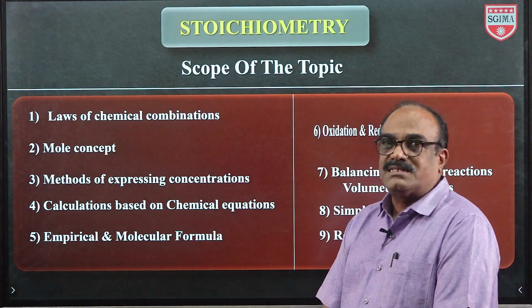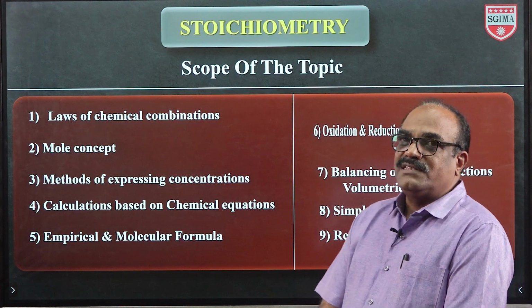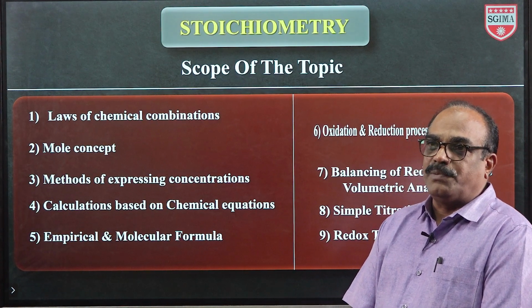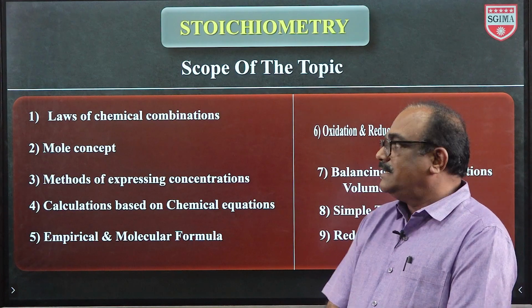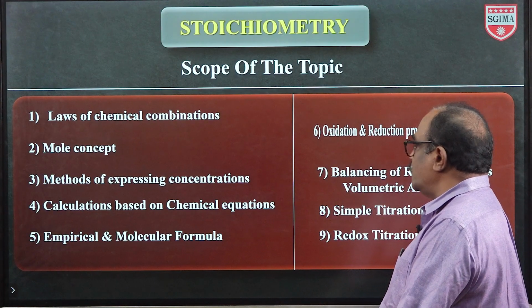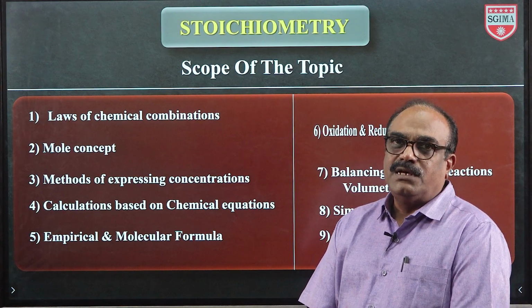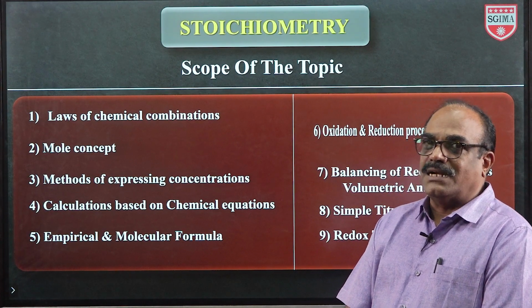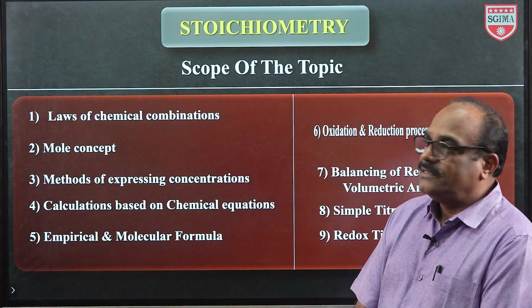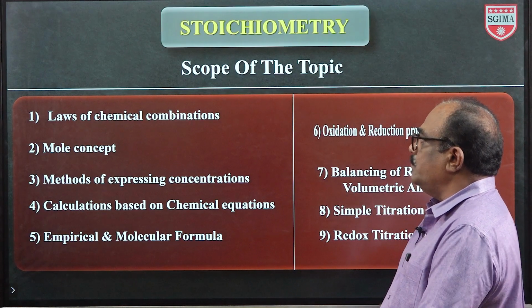Oxidation reduction process is separately discussed in 11th class volume 2. The first topic will be redox reactions, under which balancing of redox reactions and a part of simple volumetric titrations are also discussed. Let us start with the first topic, the laws of chemical combination.